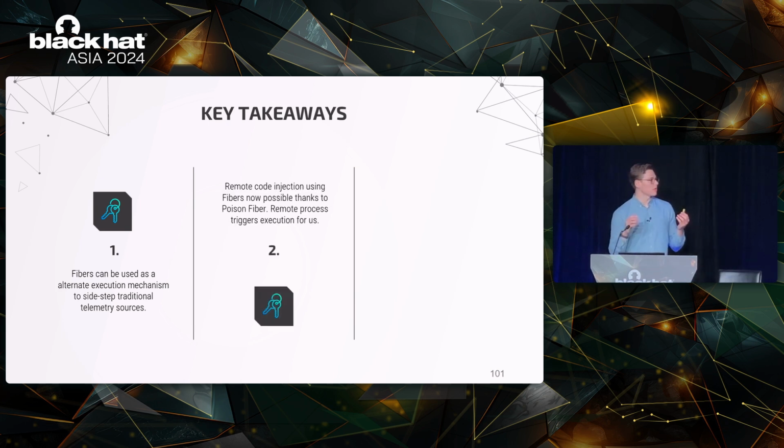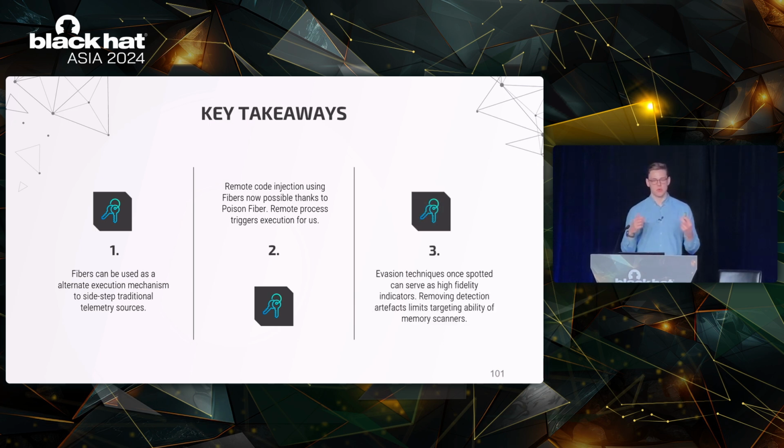Two, remote fiber injection is now possible thanks to poison fiber, and that expands its use case to attackers. And three, to prevent evasion techniques becoming, in amongst themselves, high-fidelity indicators, it's important to remove the artifacts where possible. And by that, I mean we've removed those same tip flags and RtlUserFiberStart within phantom thread.